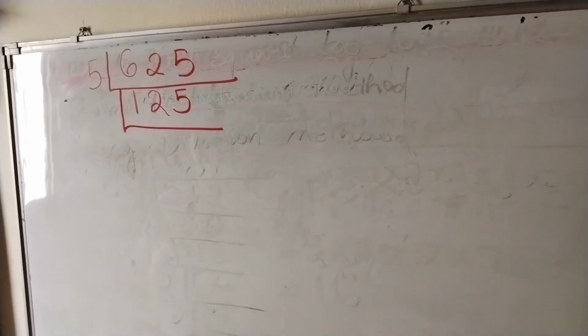Again 5 will go. How do you understand? A number that ends with 5 or 0 in the ones place is divisible by 5.